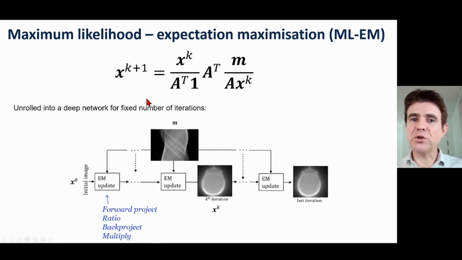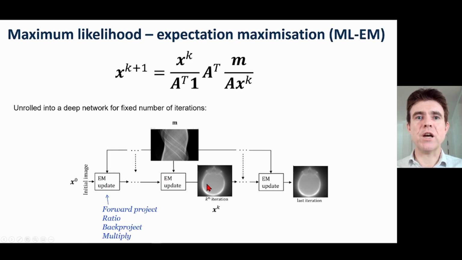So as a computational graph, if you like, what we can do is unroll this iterative algorithm into the following series of operations. So we have an initial starting estimate of the image. We put it into this EM update formula, which I've got on the top of the screen here. And we just keep repeating this process of forward projection, ratio, back project, and multiply, and of course the sensitivity image.